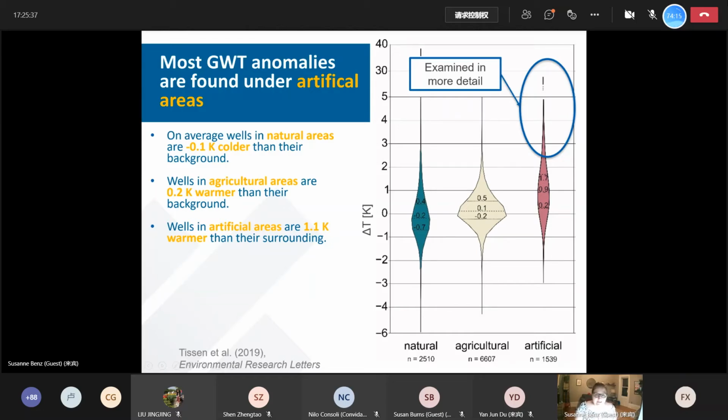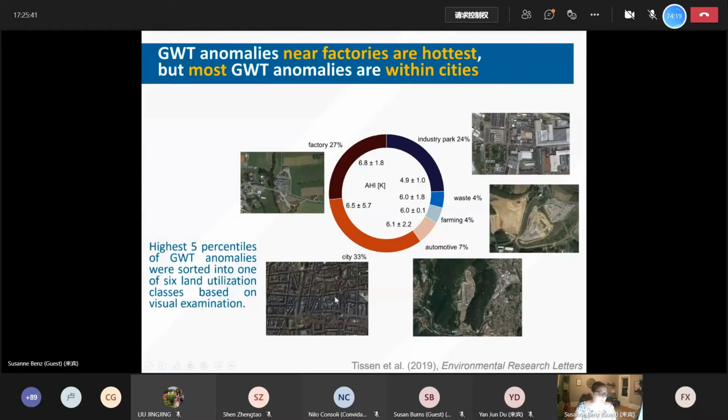This is a study that Caroline Thyssen performed in 2019, where she looked at every single one of these extreme groundwater temperature wells using high-resolution Google Earth images, and sorted those highest 5 percentiles of groundwater temperature anomalies into land utilization classes, as she called it. So this is a visual examination of all of these really hot locations, sorting them into bins and figuring out which belongs together.